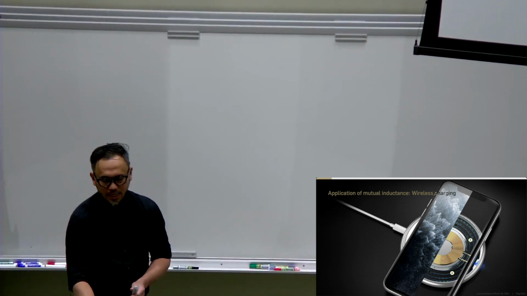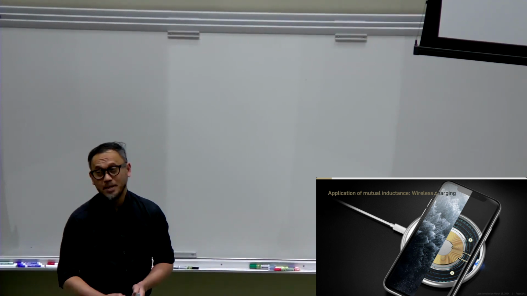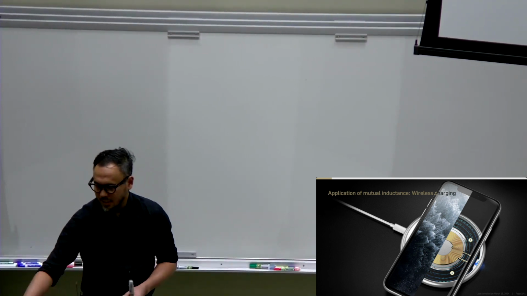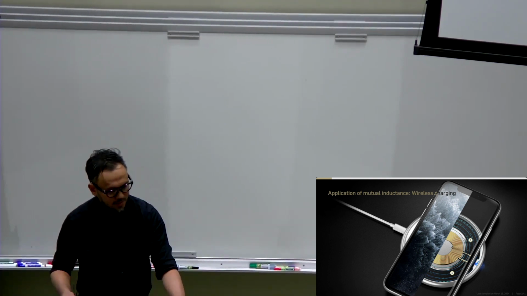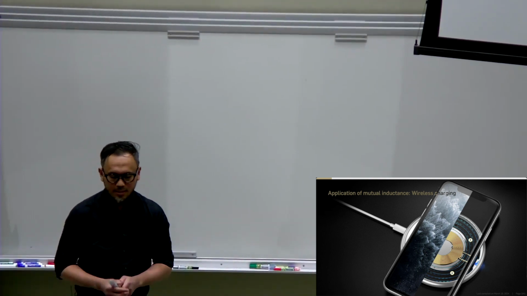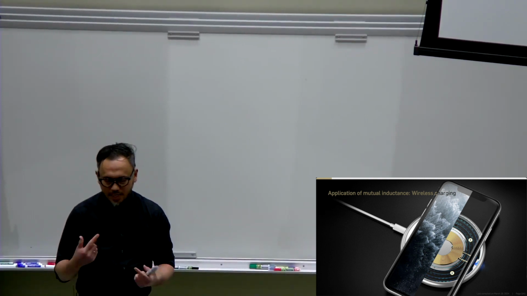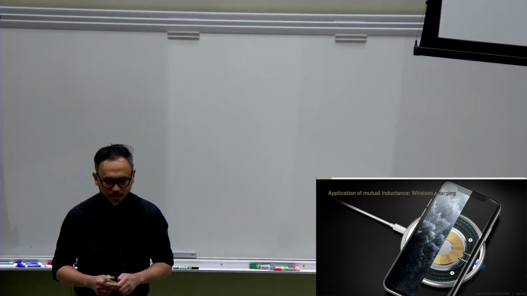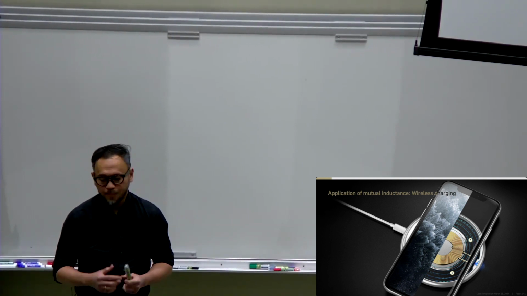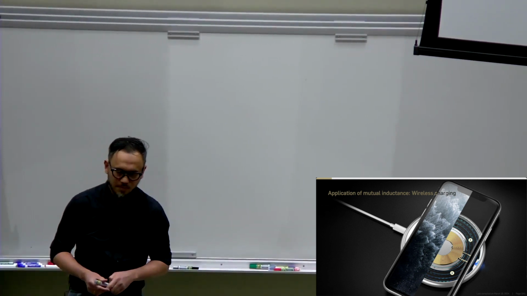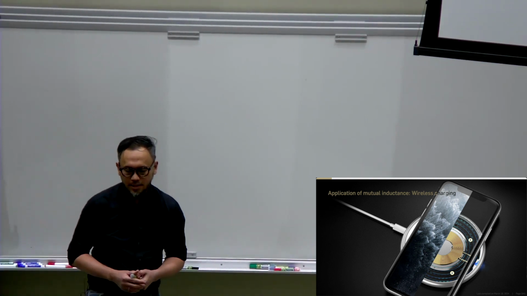That wireless charger has a coil, which is basically another form of solenoid. And also inside my cell phone there is a coil. And because of these coils and AC currents, it can change the magnetic flux and also induce currents, thanks to Faraday's law and Lenz's law. Okay.